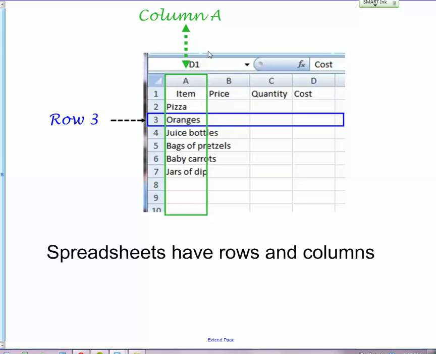So we talked about what spreadsheets are. A spreadsheet is just a table, and this table is organized by columns and rows. And where a column intersects a row is called a cell. And in a cell, you can put words, you can put numbers, and you can put formulas. So you name the columns with capital letters. So this green column is called column A. This is column B, column C, and you name the rows with numbers. So that's row 3 in green there, in blue there.